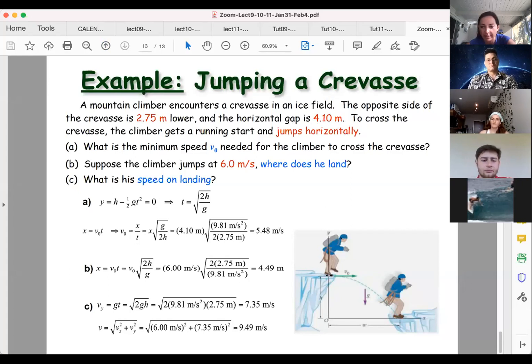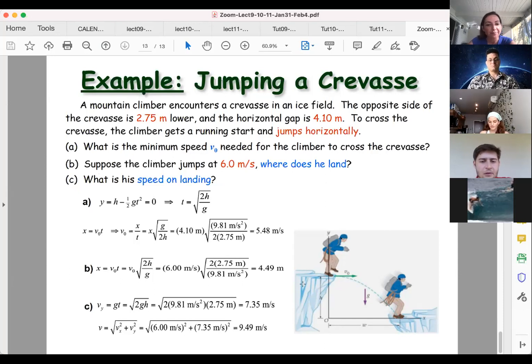So I'm essentially here, and I have this thing that is 2.75 meters lower, and I need to jump. The gap in the middle is 4.10 meters. I know that in reality I'm never going to make it, but let's imagine somebody more fit and taller than me. What is the minimum speed V0 needed for the climber to cross the crevasse?